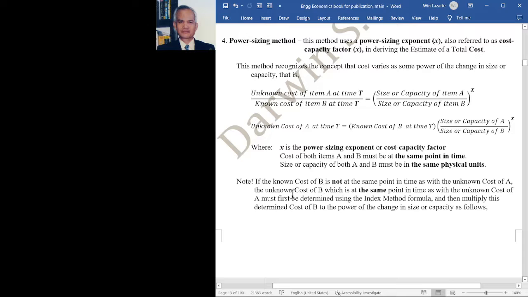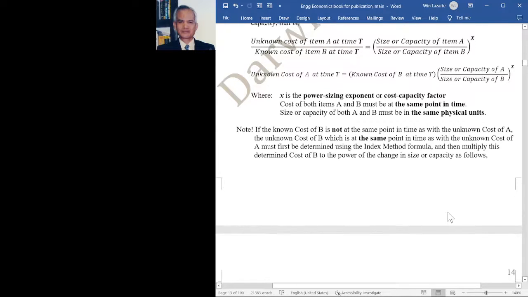Okay, note however that if the known cost of item B is not at the same point in time as the unknown cost of item A, the cost of B, at the same point in time as the unknown cost of A, must first be determined using the index method formula, and then multiply this determined cost of B to the power of the change in size or capacity as follows.